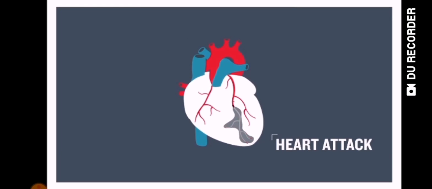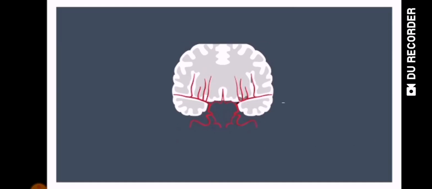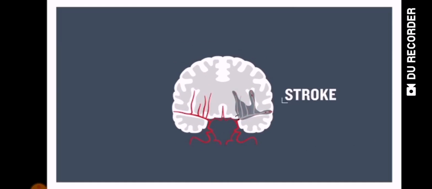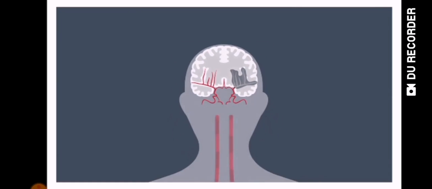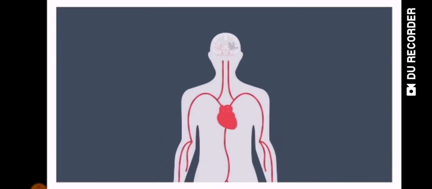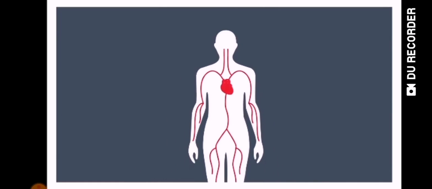Okay, let's talk about the effect of exercise. During exercise, the muscle cells need more energy than usual as they are contracting more. So our heart pumps fast to deliver blood to our muscles to respire and get more energy.